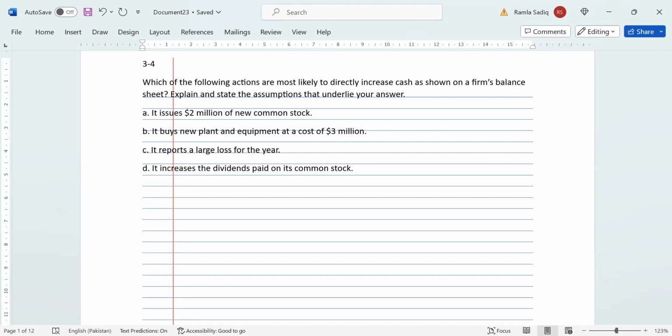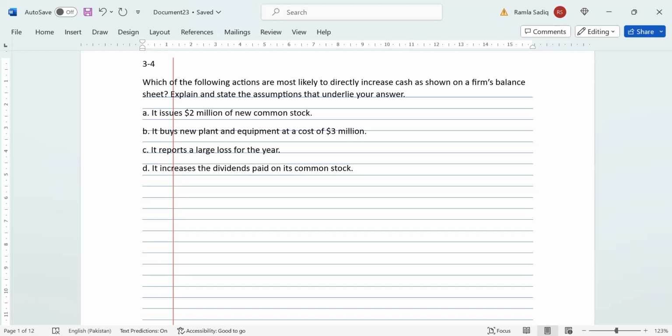All right, so the first statement is that a company issues $2 million of new common stock. Okay, this basically means that a cash sale of common stock is a source of cash through financing activities.